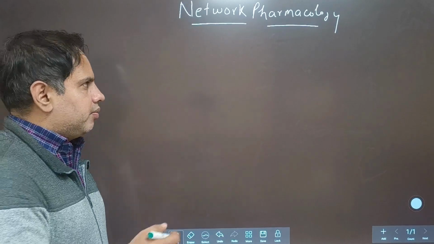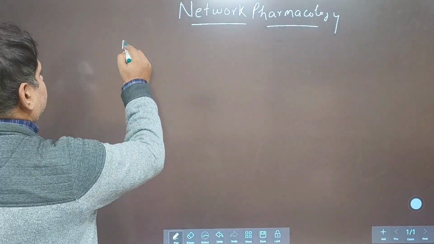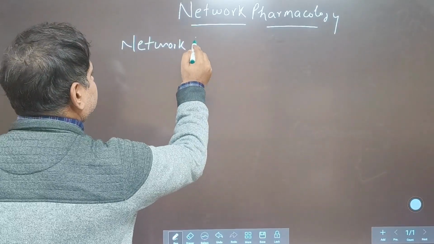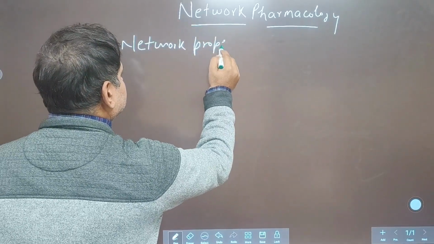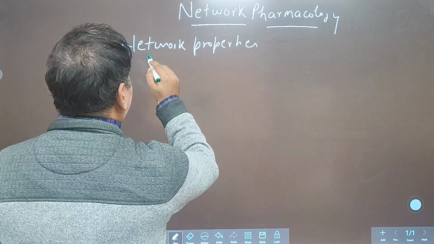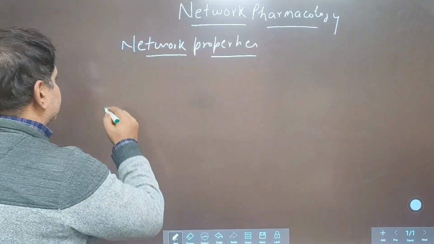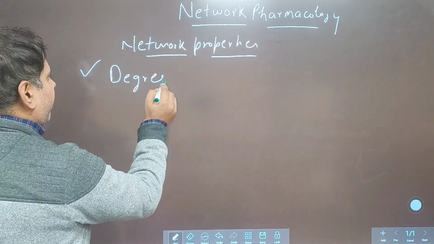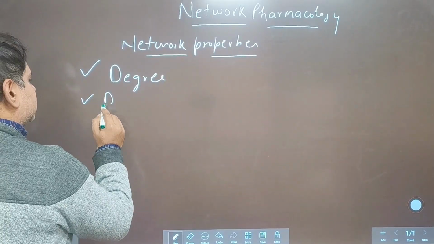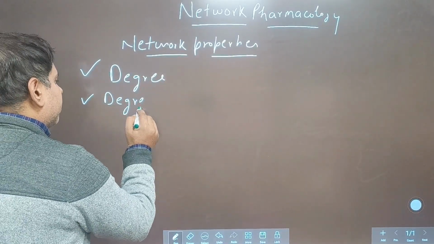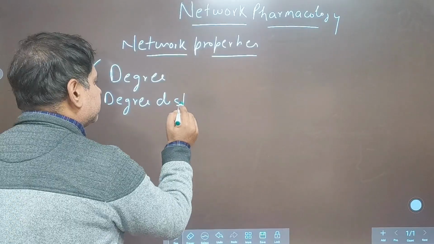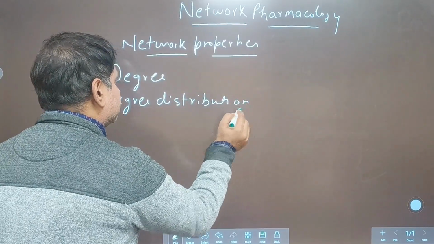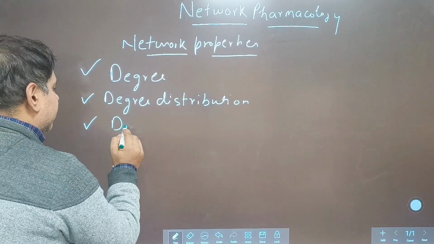What are the main properties of the network? Under network properties, one of the properties is degree. There is a degree distribution. Then there is density.